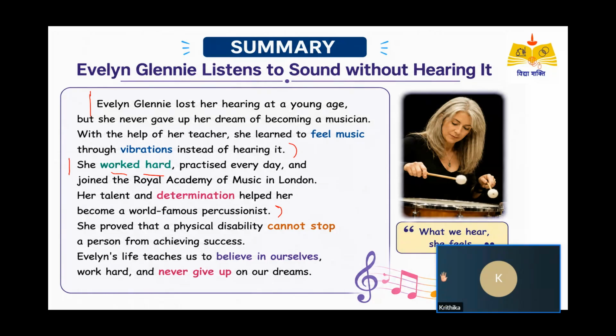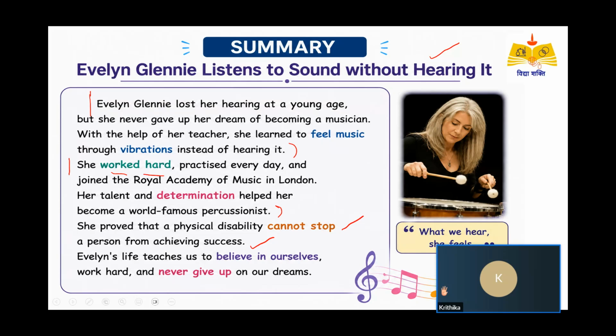Okay. Then now you are starting a new paragraph. She proved that a physical disability cannot stop a person from achieving success. This is like a strong conclusion that you are going to make. So students, this can be your topic sentence, the topic statement, which is the start of your paragraph.